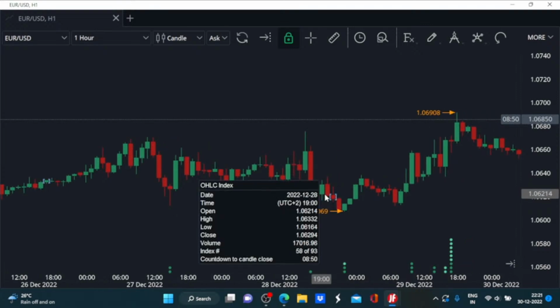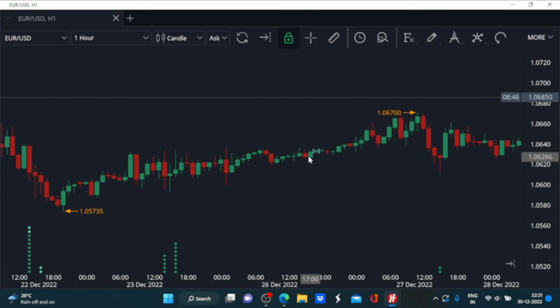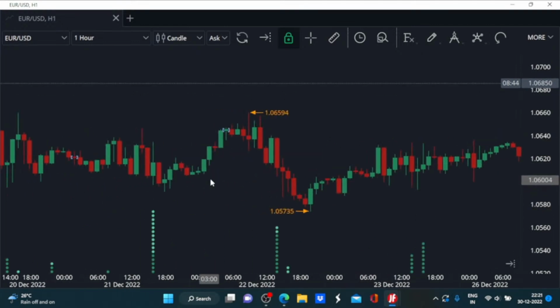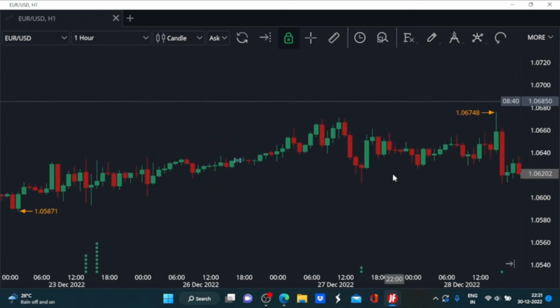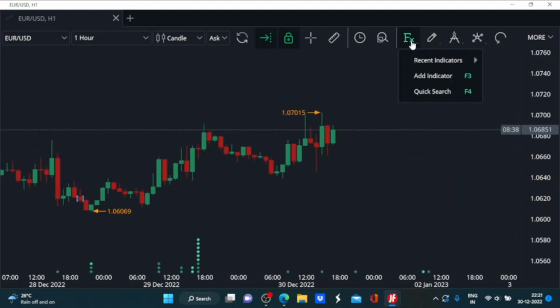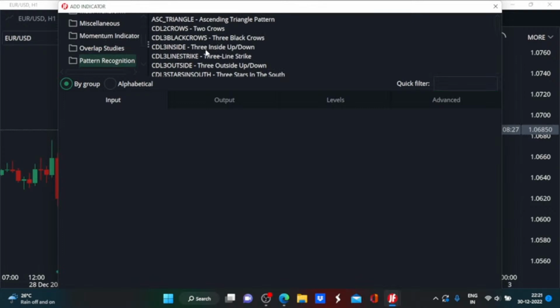This is three outside down, this is three outside up, this is three outside up, this is three outside down. This is included under the candle formation section, under Pattern Recognition, just below three line strike, which we considered in yesterday's session: three outside up and down.